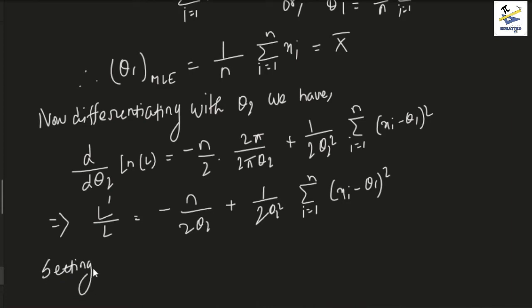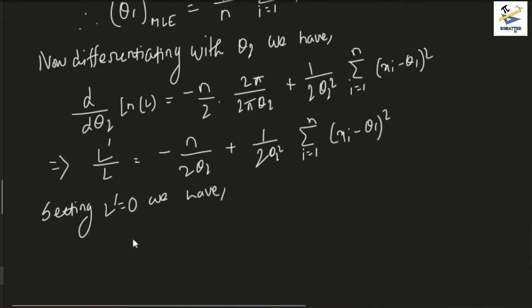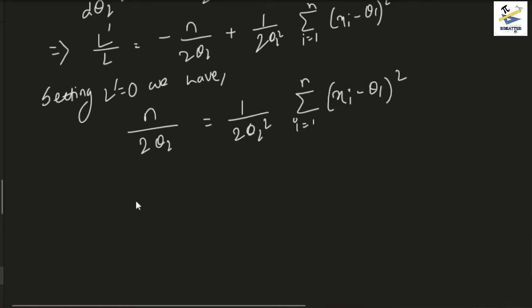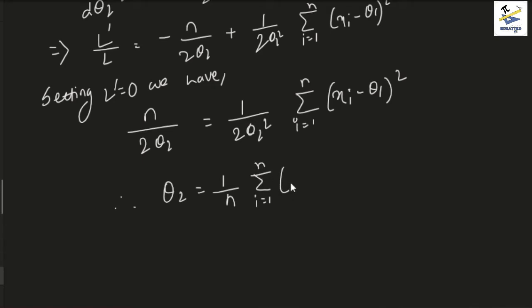Setting L prime equals 0, we have, therefore, and this is just sigma square, right?